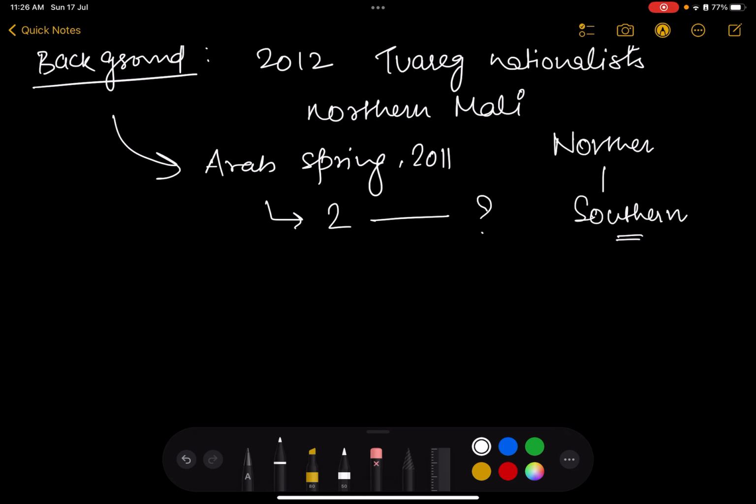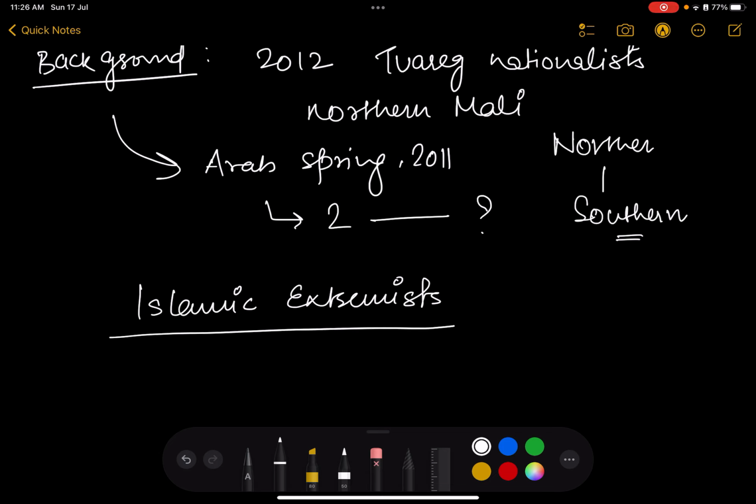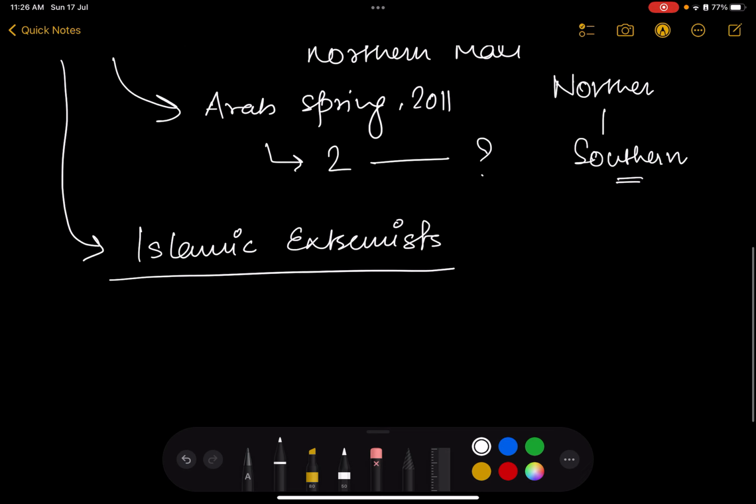Islamic extremism is also an important factor in considering the conflict in Mali. Okay, so first one is the Arab Spring, then the second one is Islamic extremists.